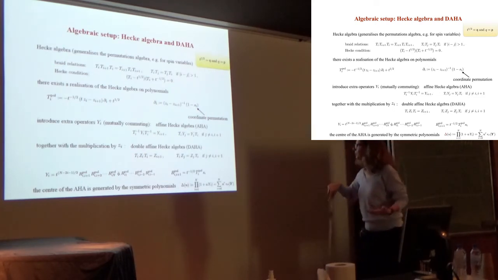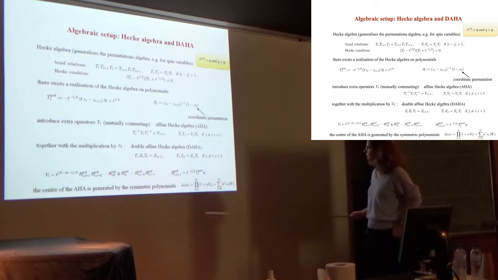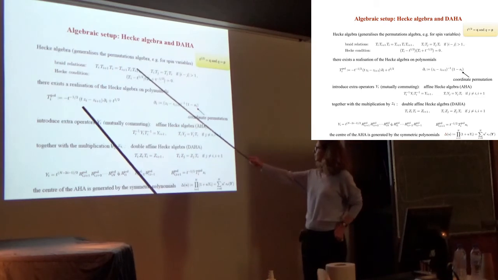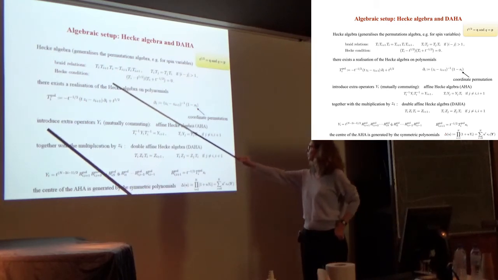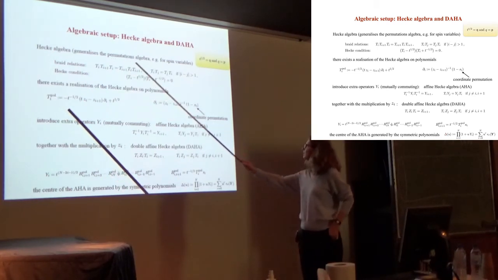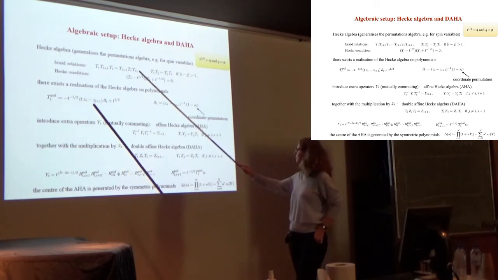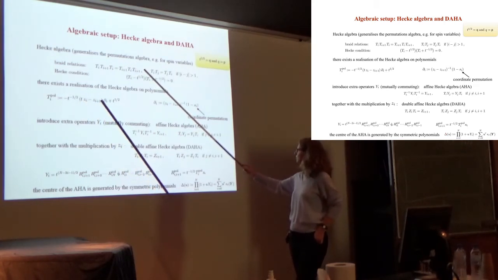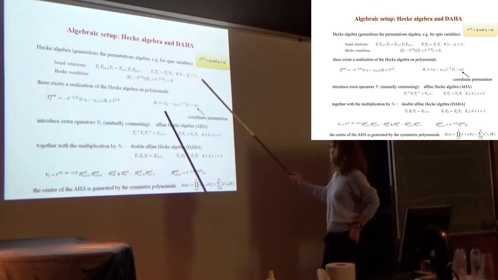You can realize it on spins, but you also can realize it on coordinates. And on coordinates I will use the polynomial here. So the generators will be defined in terms of these divided differences, which are here.